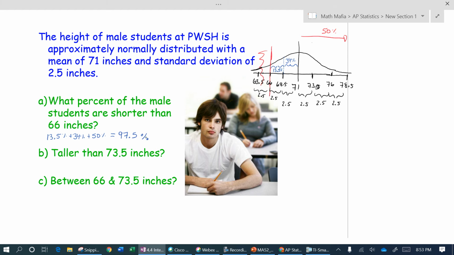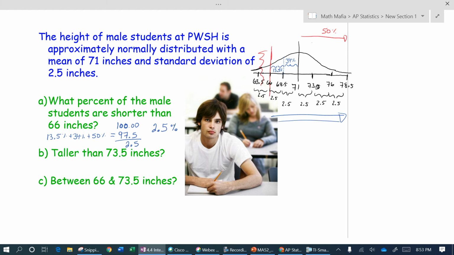That's who is taller, because we just did this side. So we now want to take 100 and subtract that value, and that's going to tell us how many are shorter. If we take 100 and subtract our 97.5, we'll see that 2.5% of male students are shorter than 66 inches.